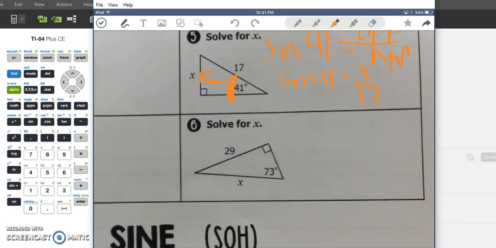Okay, just like normal solving equations, we want to try to get x by itself. So in order to get this x by itself, we need to get rid of the 17. So we would multiply both sides by 17. That cancels out. So then we have 17 times sine 41 is equal to x. Okay, that's what you're going to type into your calculator.